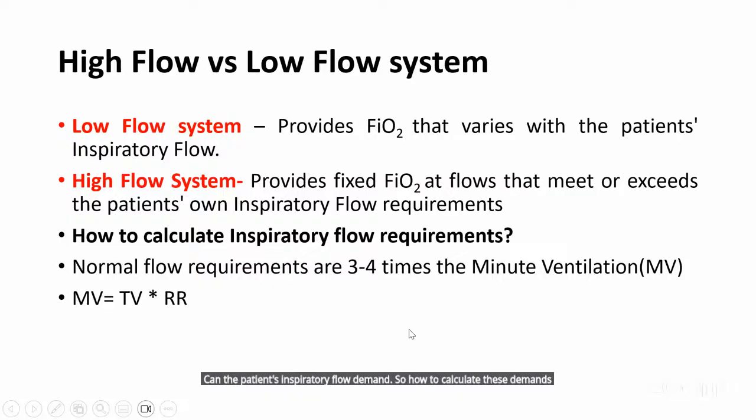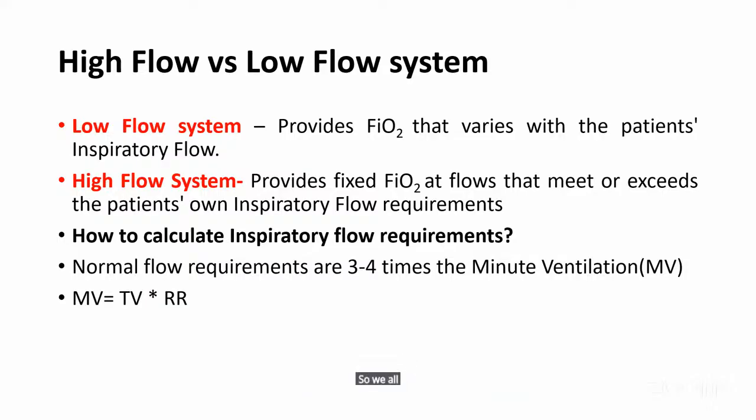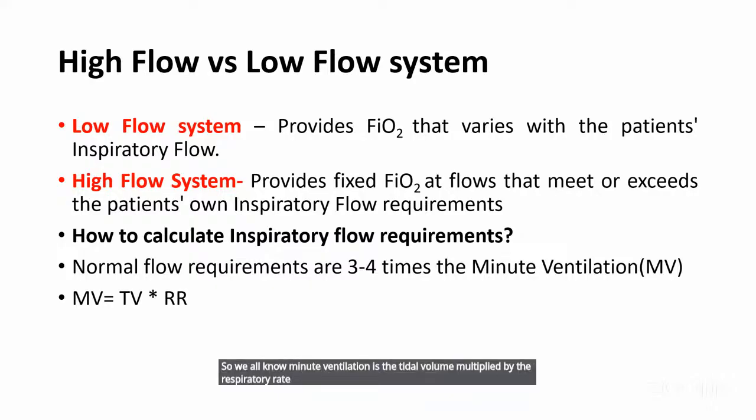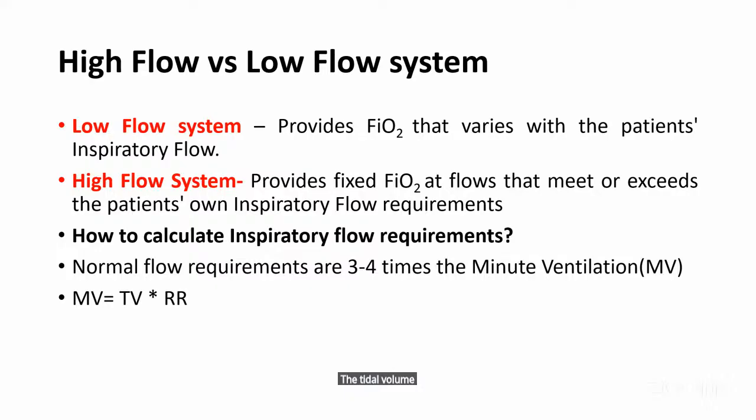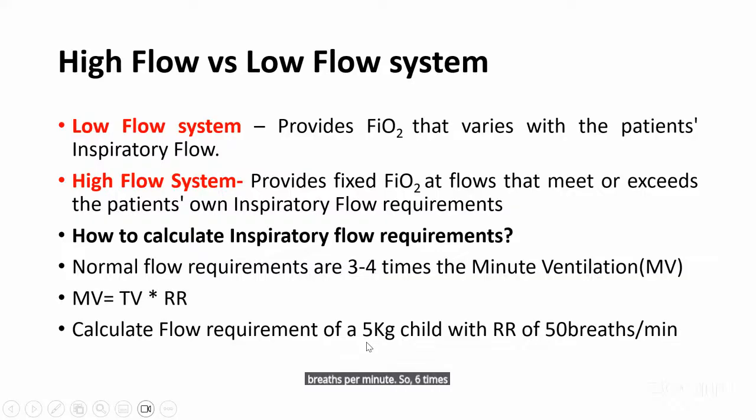Normal inspiratory flow demand in children is 3 to 4 times the minute ventilation. We know minute ventilation is the tidal volume multiplied by the respiratory rate. Tidal volume in the pediatric population is around 6 to 8 ml per kg, and we multiply it by the physiological rate. For example, to calculate the flow for a 5 kg child with a breathing rate of 50 breaths per minute: 6 times 5, that is 30, is the tidal volume, multiplied by 50.